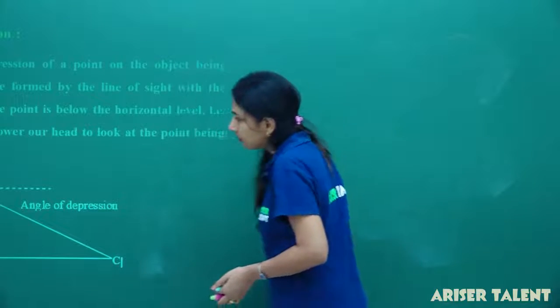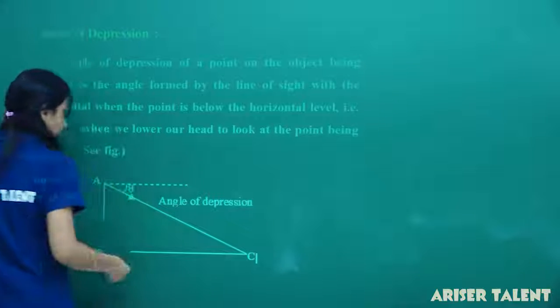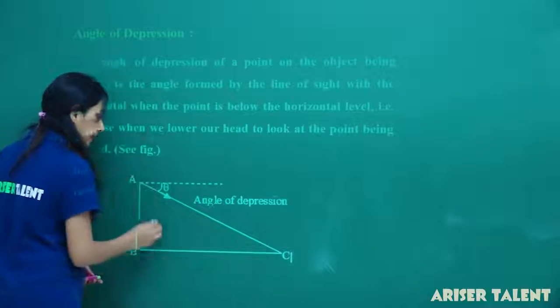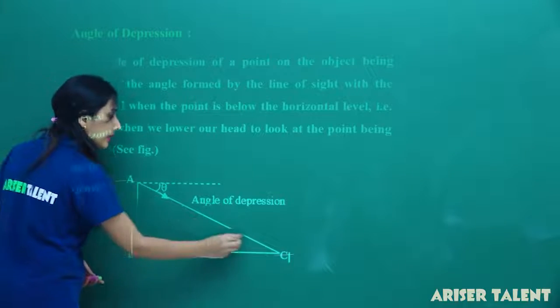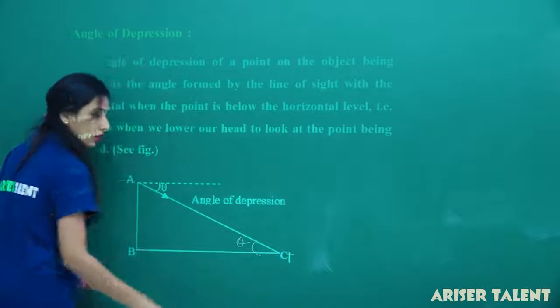Now, students, in this triangle, this is the horizontal line, this is also a horizontal line. If you look at these two parallel lines and the line passing through them, this angle will be equal to what? This angle.